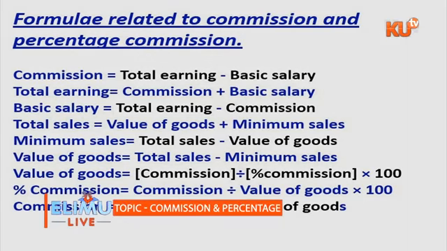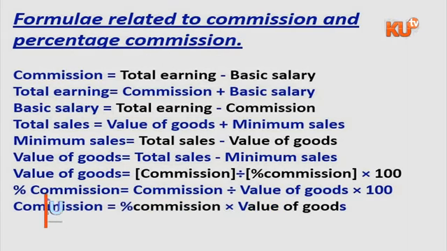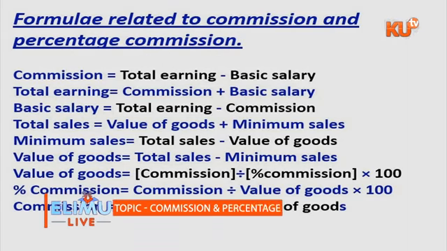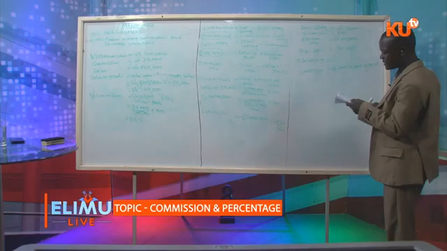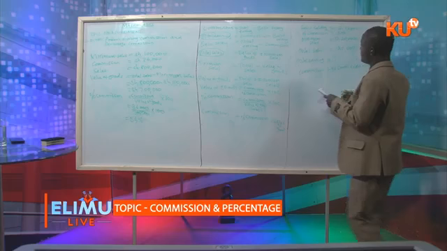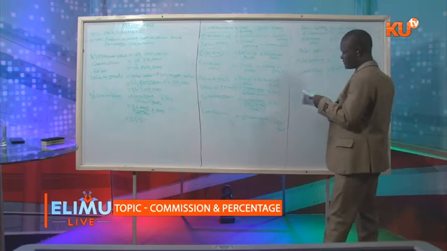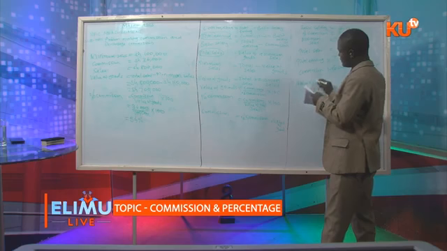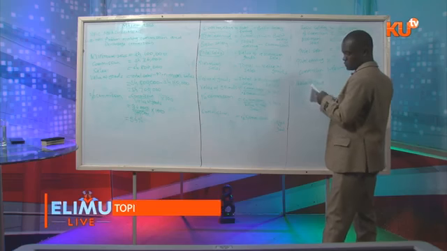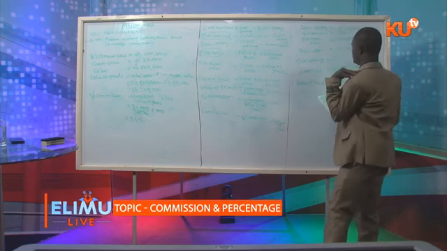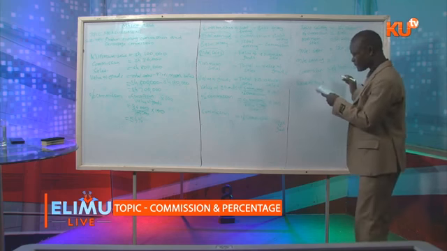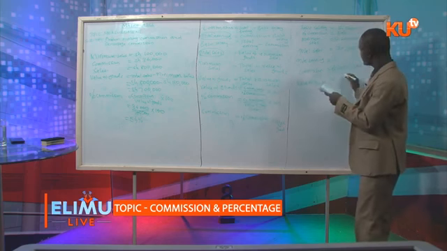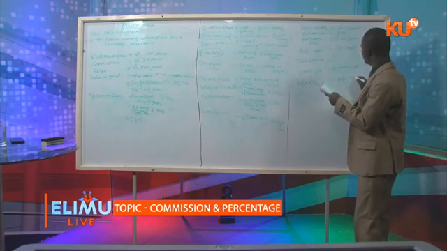We have the total sales and the minimum sales, so it's very simple for us to get the value of goods. The value of goods is equivalent to sales minus minimum sales.